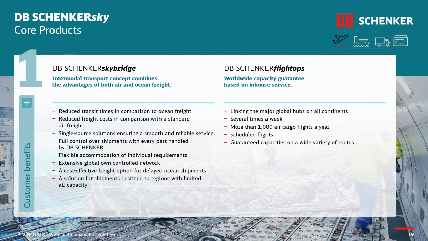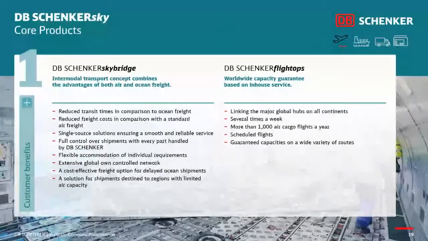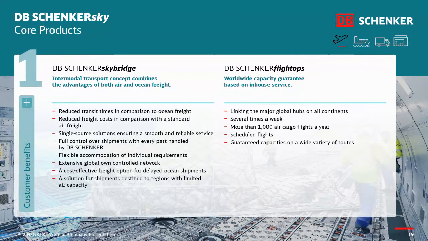So far Schenker is running two hubs for Skybridge, one in Dubai and another in Osaka, Japan. Dubai we use for cargo moving to Europe or Africa, but also to move cargo to South America, mainly North America.